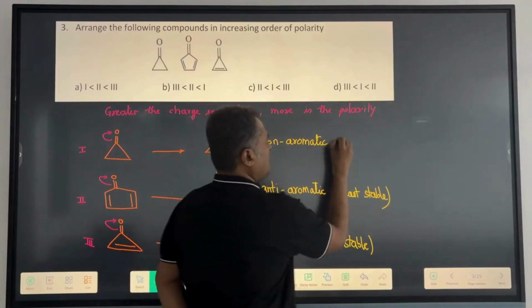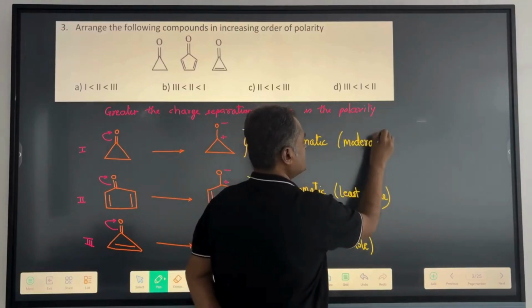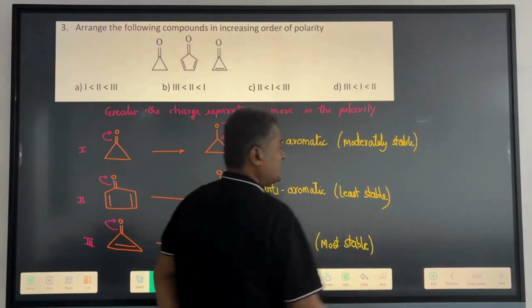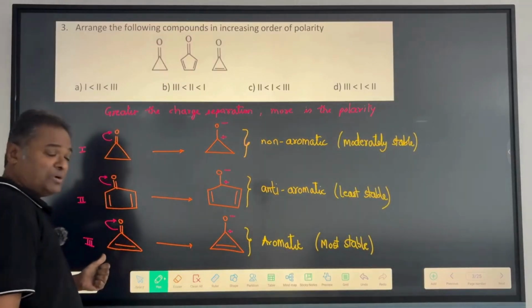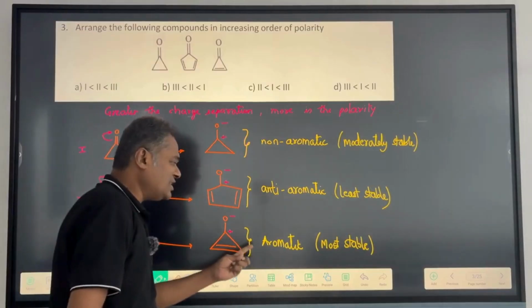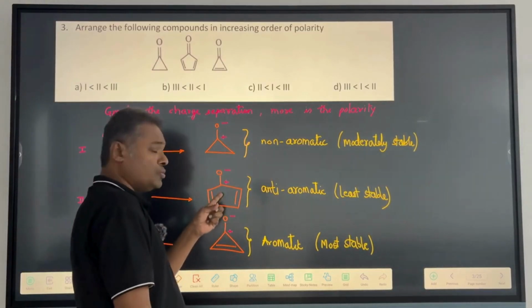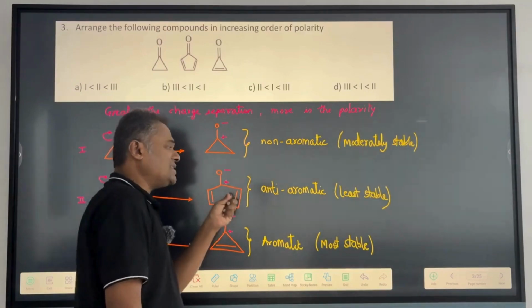Anti-aromatic will be the least stable, and the first example will be moderately stable. Now with this, what can you predict? From this we can predict that structure number 3 will always try to remain in this form as more stable, whereas in example number 2, this ion will not try to remain in this form because it is unstable.